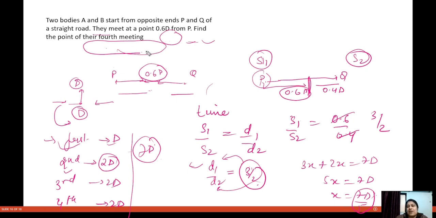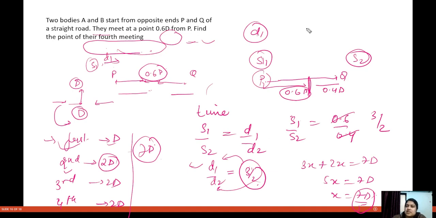Now it is asking to find the fourth point of their meeting. So what will be the fourth point of their meeting? Let us consider the person who started from P with speed S1, covering distance d1.